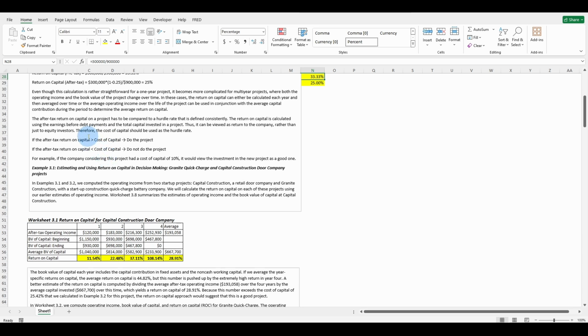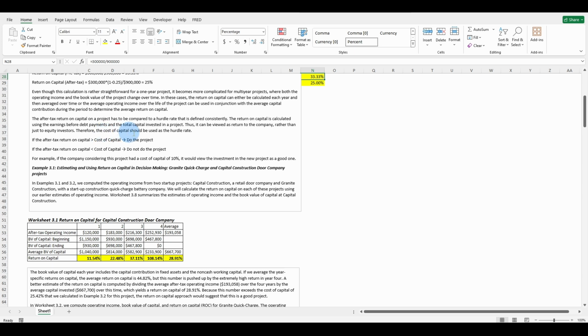The after-tax return on capital on a project has to be compared to a hurdle rate that is defined consistently. Return on capital is calculated using the earnings before debt payments and the total capital invested in a project. Thus, it can be viewed as a return to the company rather than just to equity investors.